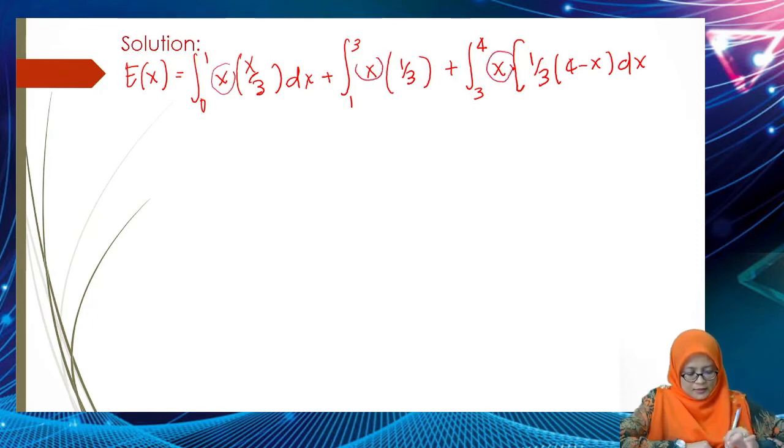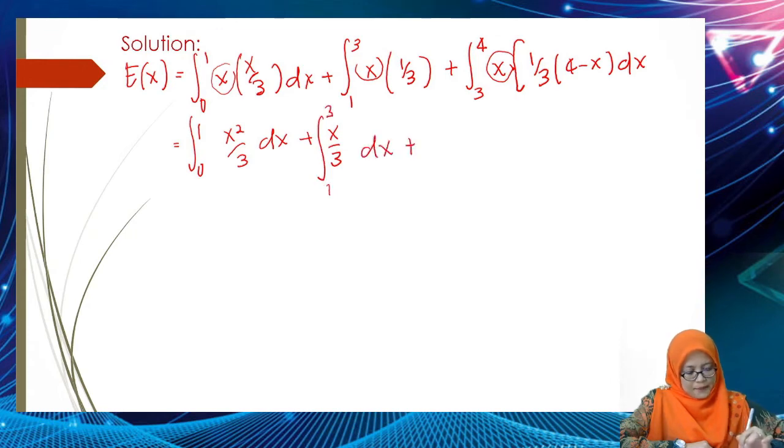Okay, so then simplify lah. So integrate 0 to 1 X square over 3 dx plus X over 3 integrate from 1 to 3 plus ni integrate from 3 to 4. 1 over 3 is a constant, so bolehlah nak keluarkan constant 1 over 3.